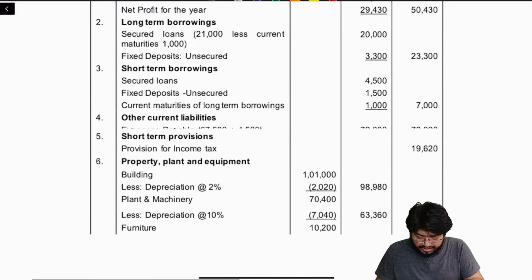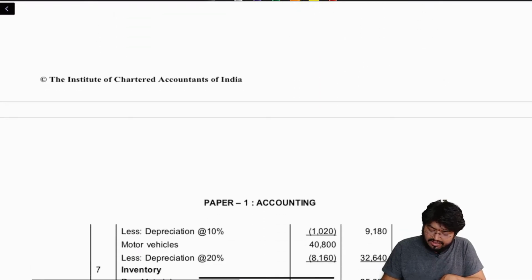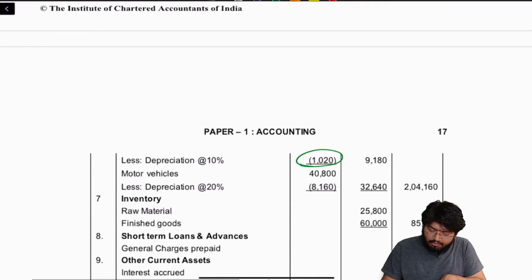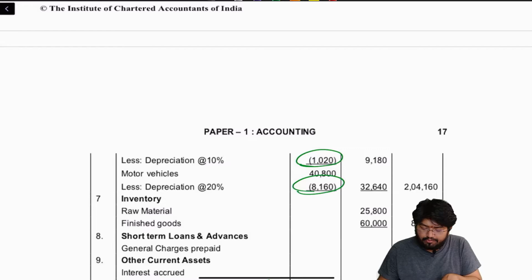So if you look here in the sixth note, he has given you depreciation details on building 2%, which is 2,020, on plant and machinery 7,040, furniture it is 1,020, and motor vehicles 8,160. Okay, so all of these four put together is your depreciation which is taken there.